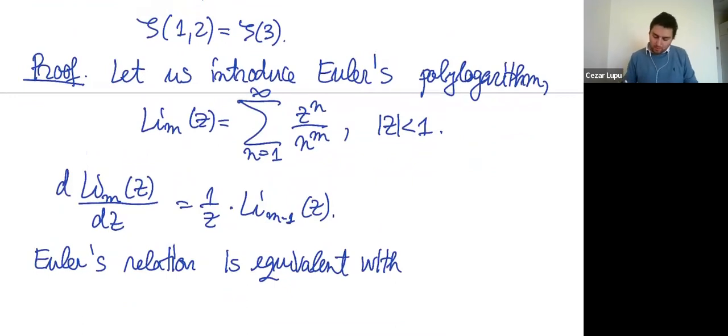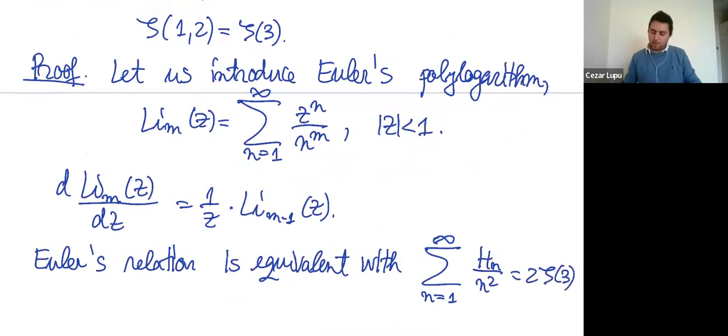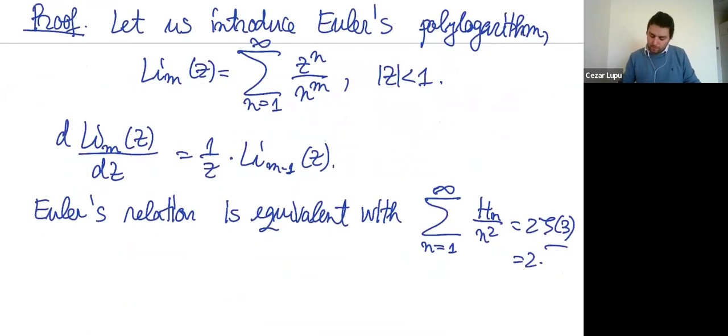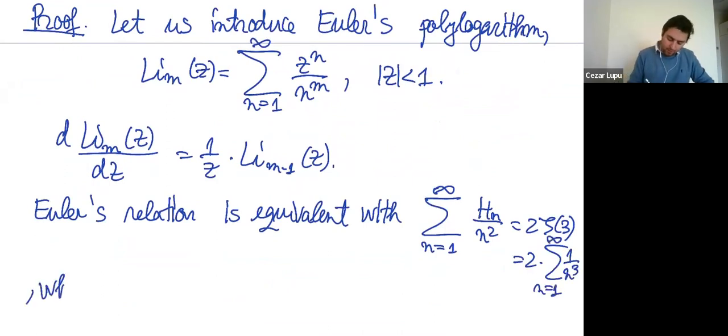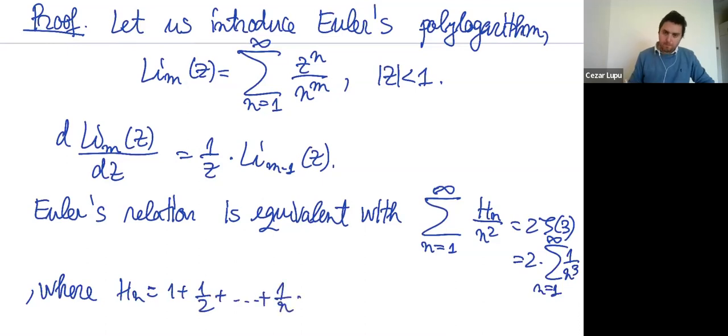well, I'm just going to prove it in this way. The sum from n equals 1 to infinity of h_n over n squared is 2 zeta of 3, right? Where h_n is the harmonic number.